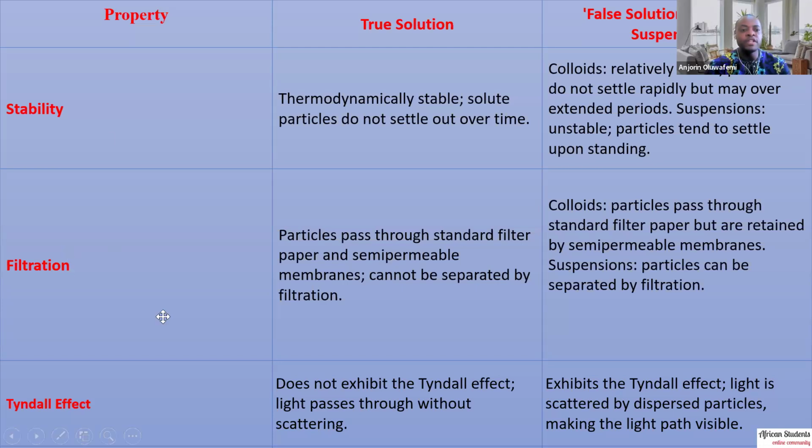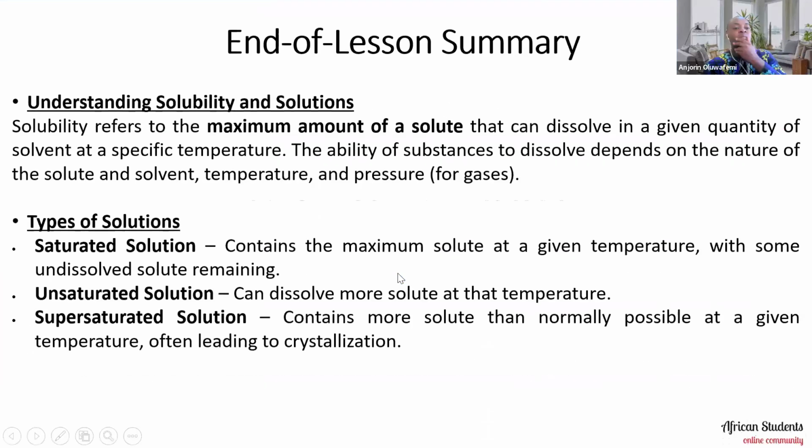Now, when we want to differentiate also based on Tyndall effect, we'll see that true solution does not exhibit the Tyndall effect. They don't scatter light. Light passes through without scattering. For false solutions, they exhibit Tyndall effect. Light is scattered by dispersed particles, making the light path visible. Okay, so that's that for true and false solution.